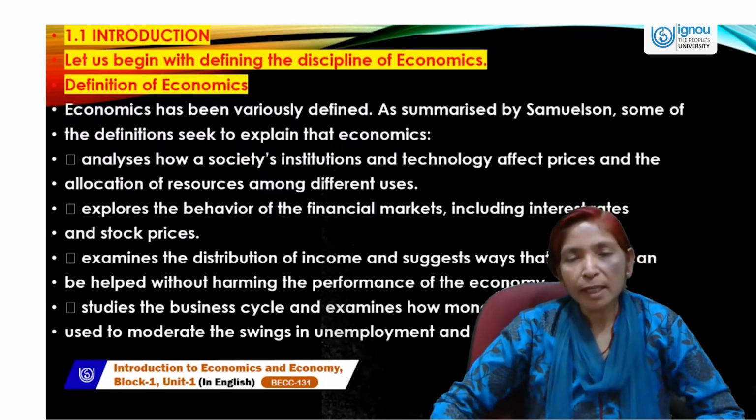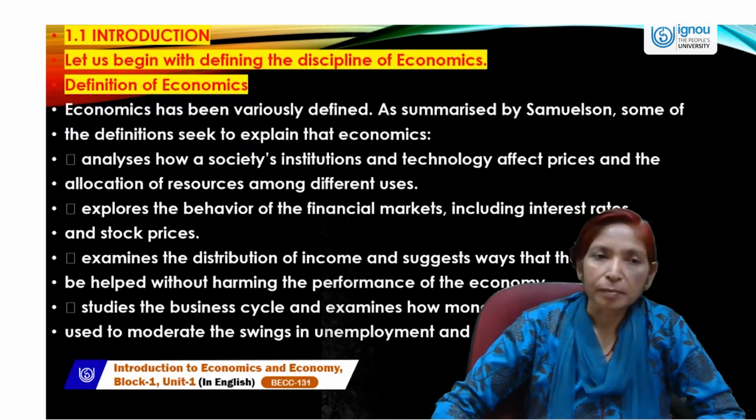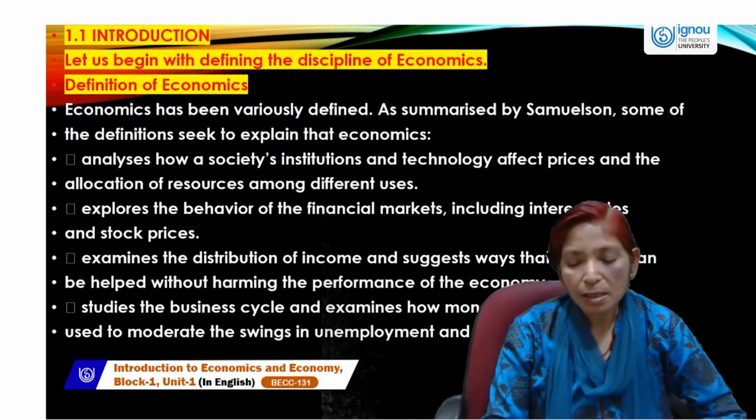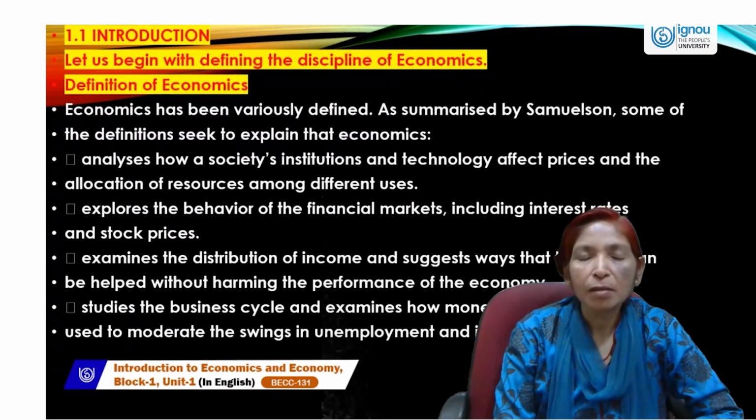When both can satisfy their needs or wants, then we can say that social welfare will be achieved in the economy. So economics is a social science which deals with human behavior.